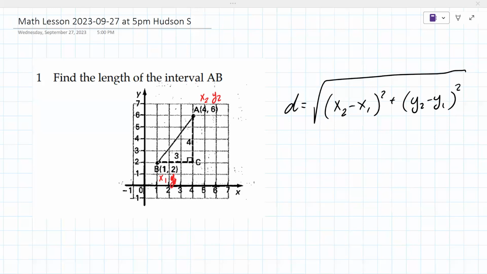I have BA equals 5. Yes, the distance is 5.